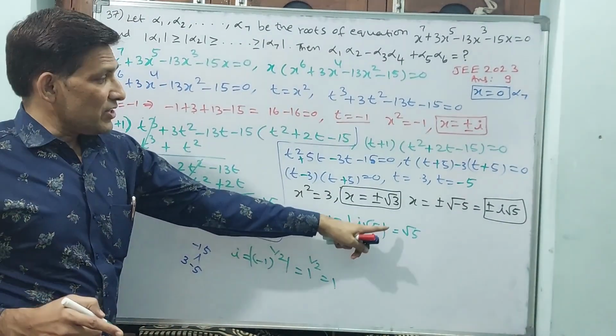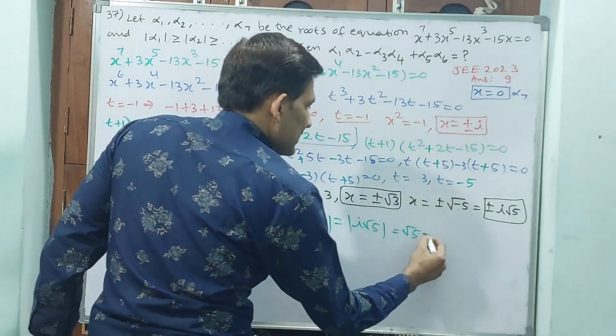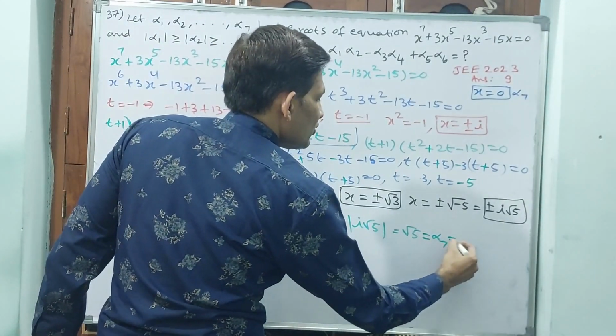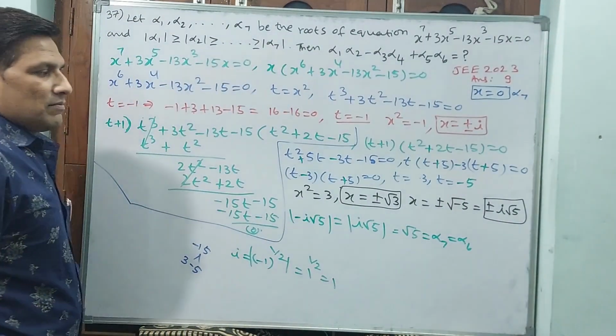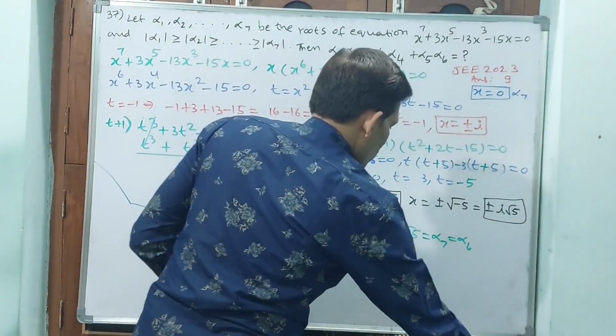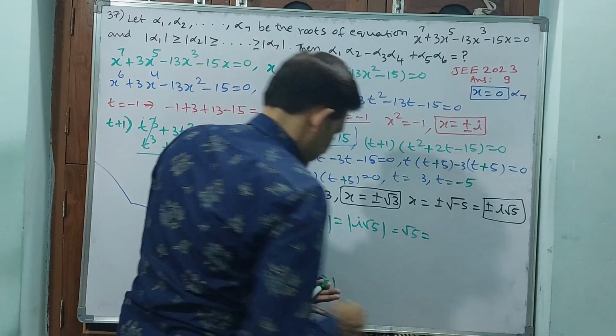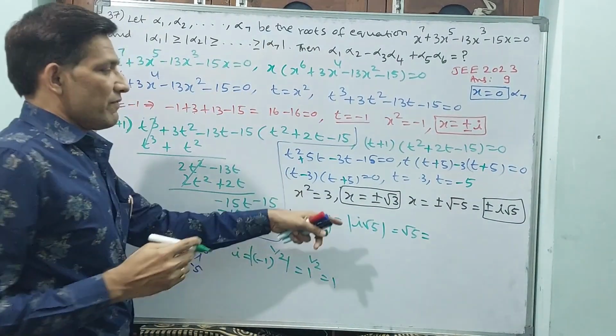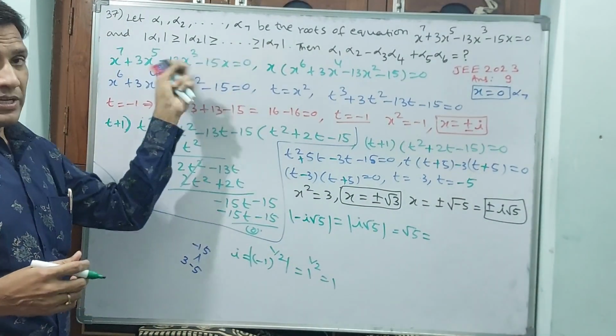That means I can say root 5 will be alpha 7. This is equal to alpha 6 also. No, I will tell. Root 5 will be alpha 7 means see. When you apply modulus, you cannot say which one is bigger or smaller.